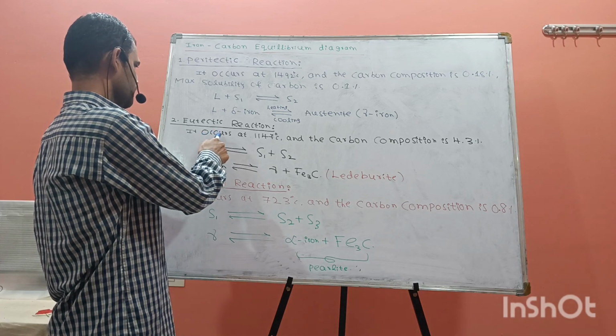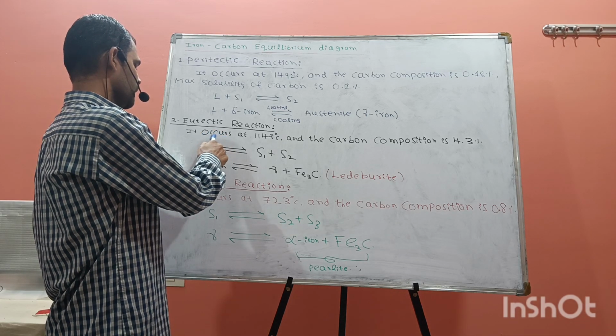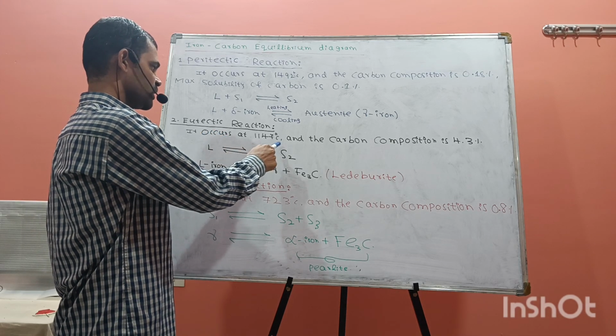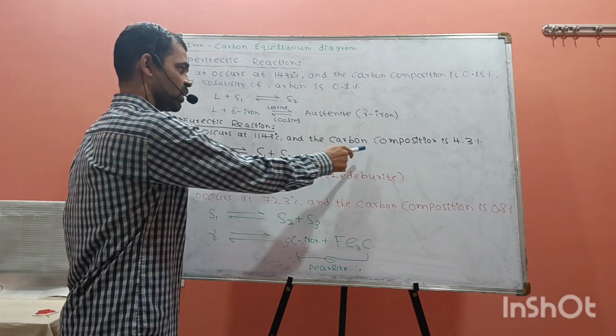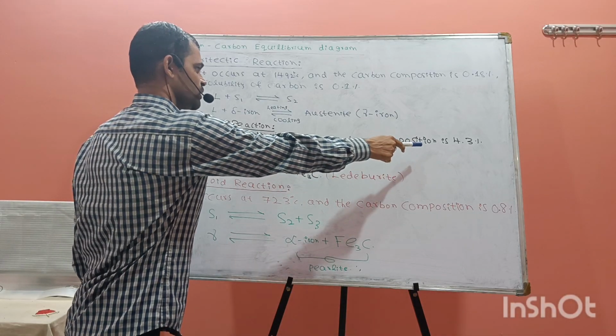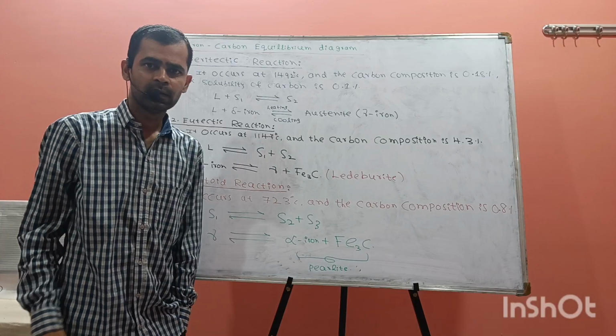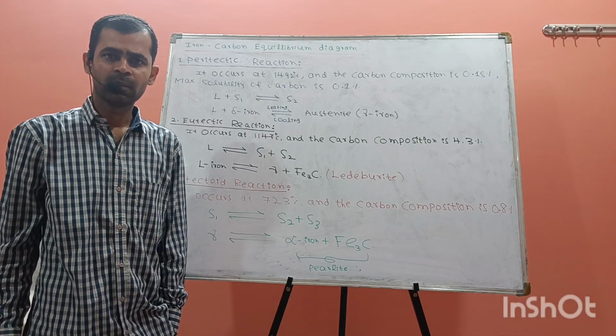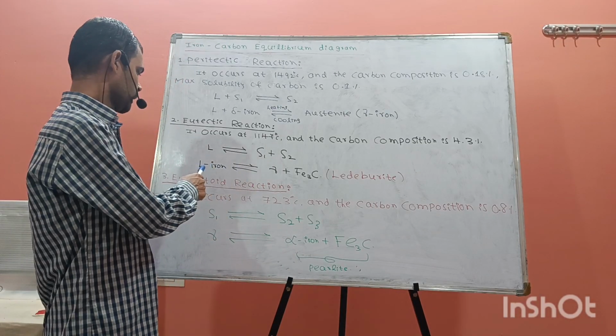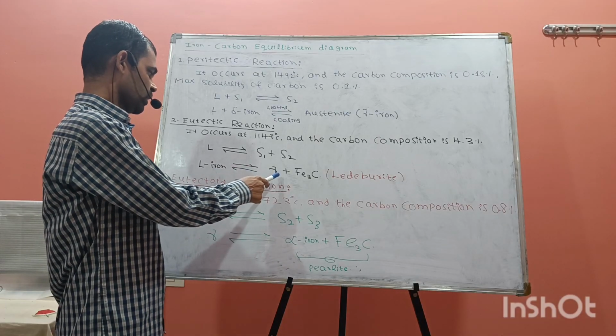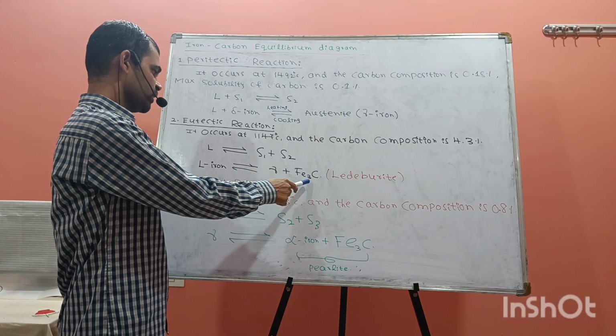The next reaction is the eutectic reaction. It occurs at 1147 degrees Celsius and the carbon composition is 4.3 percent carbon. In this, liquid becomes solid 1 plus solid 2, so liquid iron becomes gamma plus Fe3C.